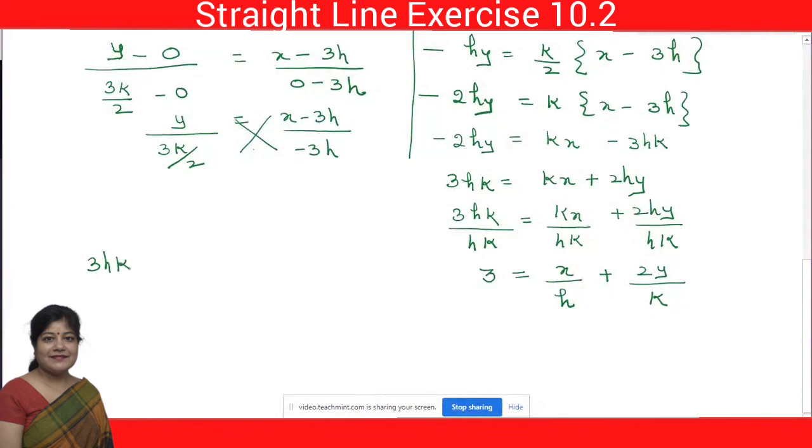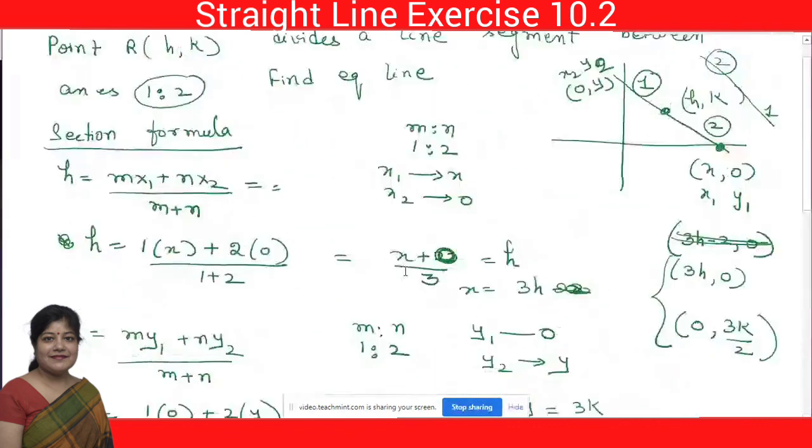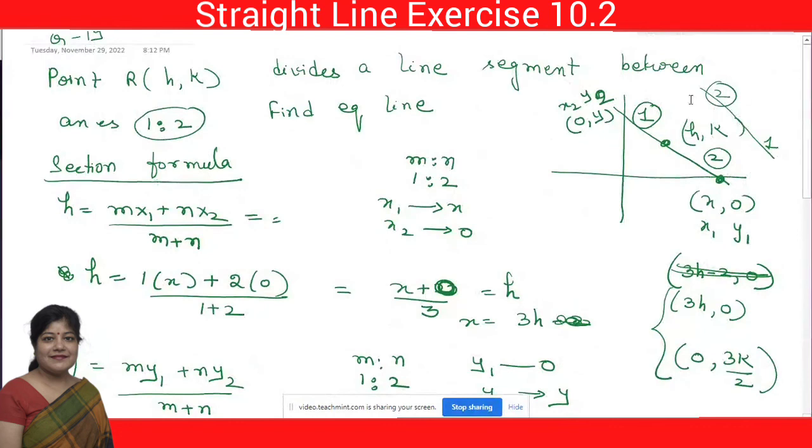Understood? So you just take it like this in order to get the same answer as the textbook. Take 1 over here, 2 over here. So I'm leaving this and proceeding to the next, last question of this exercise.